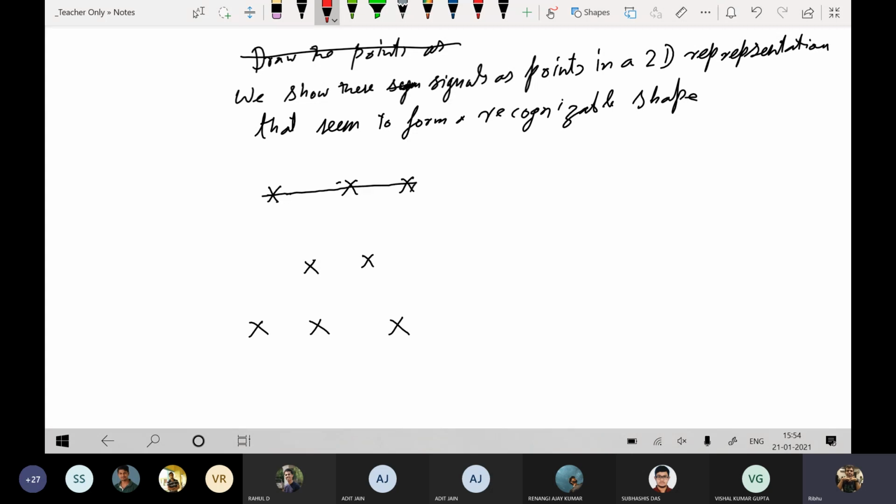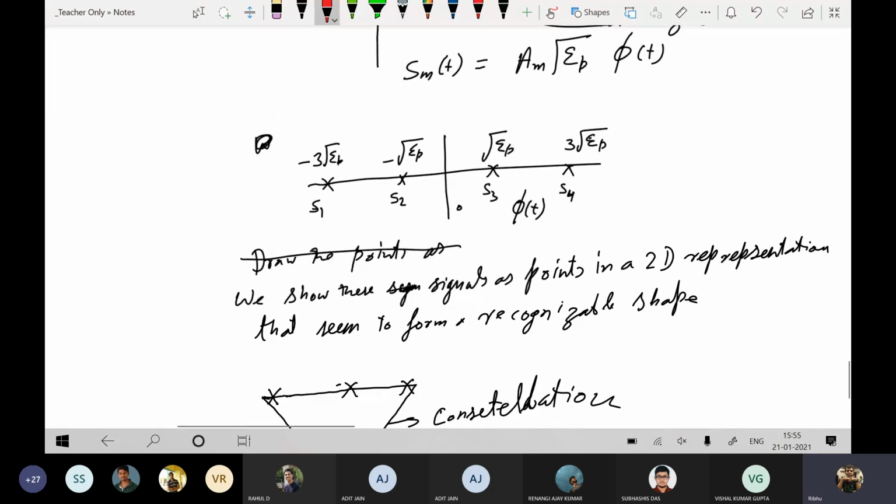You should at least see this, and this is one constellation that is visible. So this thing is called a constellation, an arrangement that forms a recognizable shape.